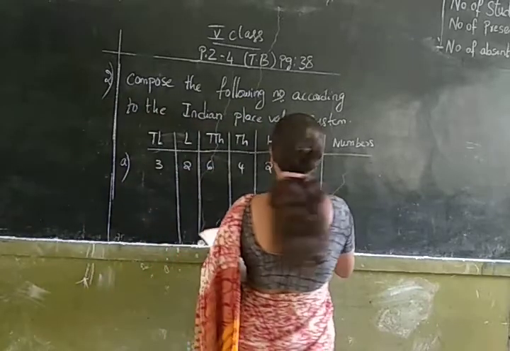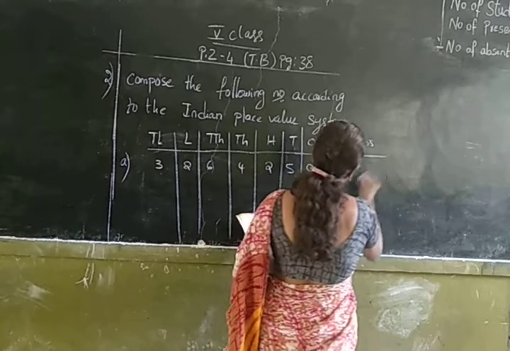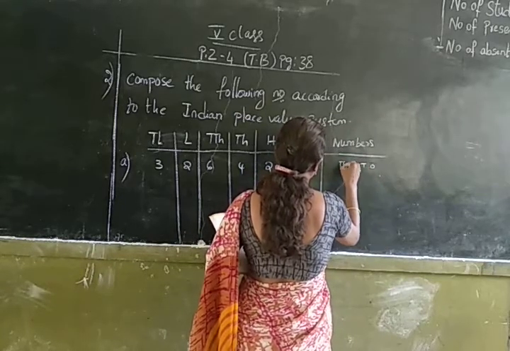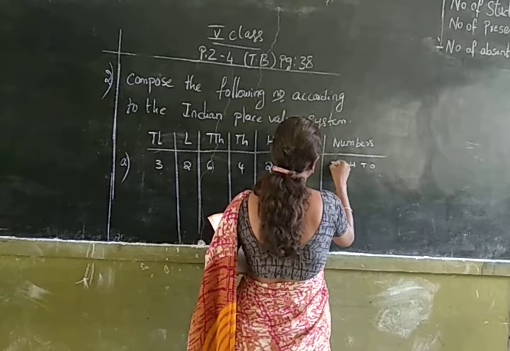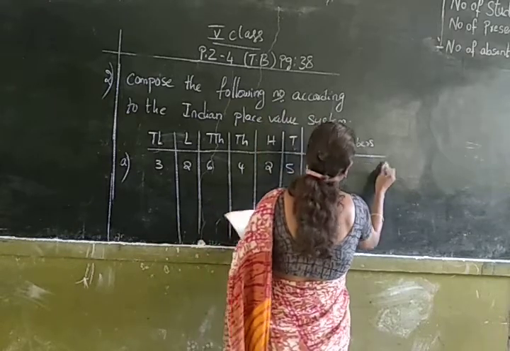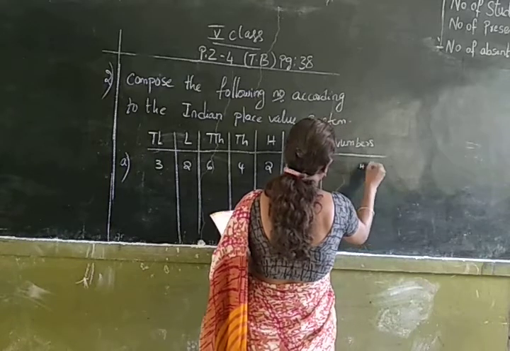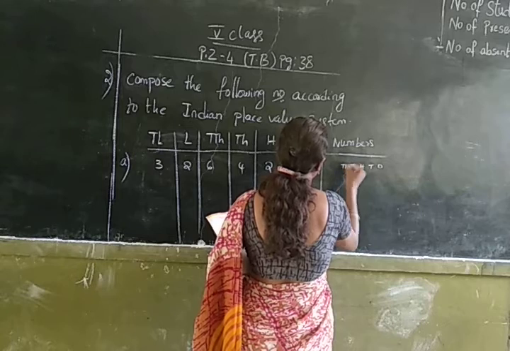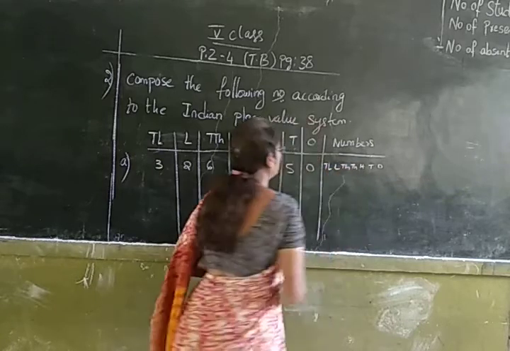We have to do this in Indian system. For it, let us write down the places. Ones, tens, hundreds, thousands, 10,000s, lakhs, 10 lakhs.